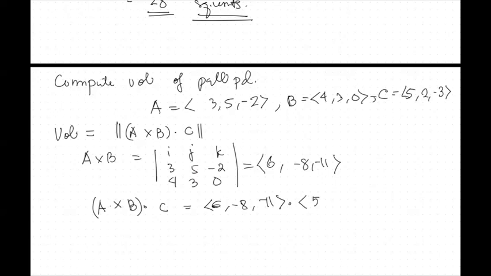C is 5, 2, negative 3. This is 30 minus 16, and then plus 33.